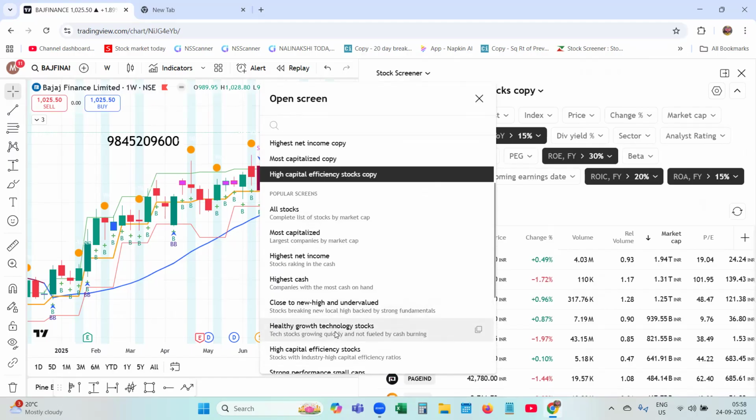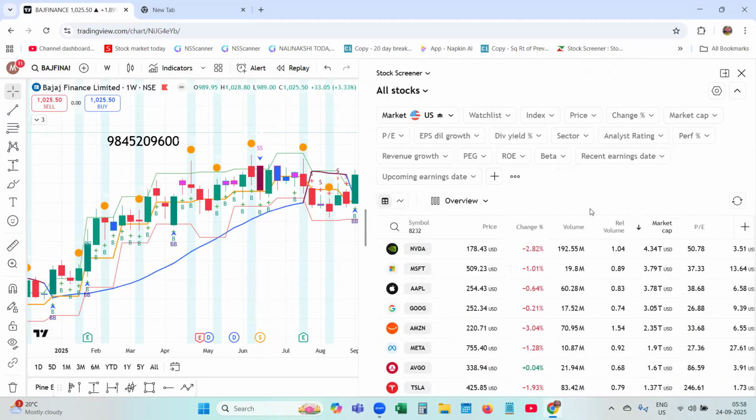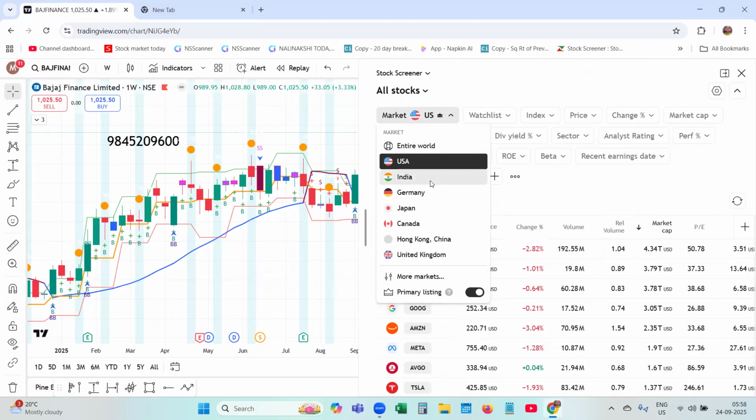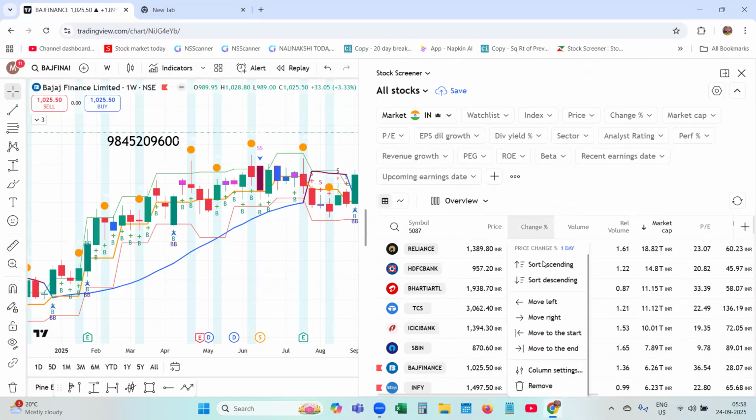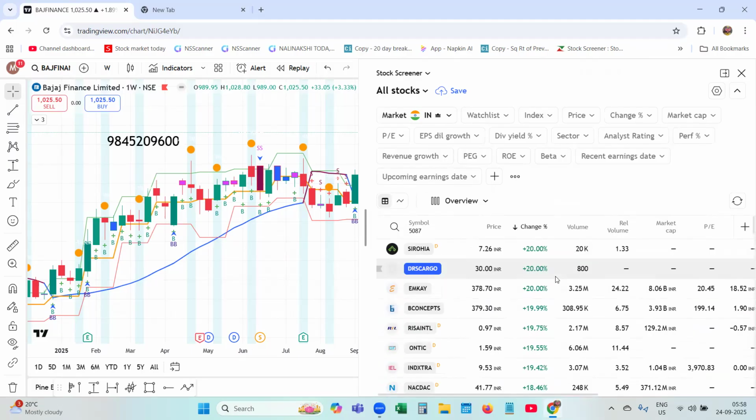For example, if I click on all the stocks, you will get so many stocks. It has gone to the US market; drop down, change it to India, and you will get all the stocks. And if you sort descending, you will get all the stocks which are the top 20% change.